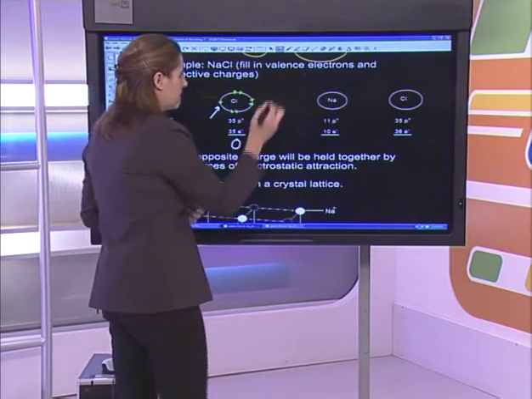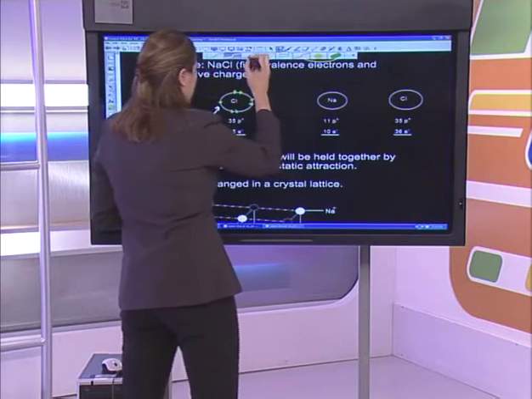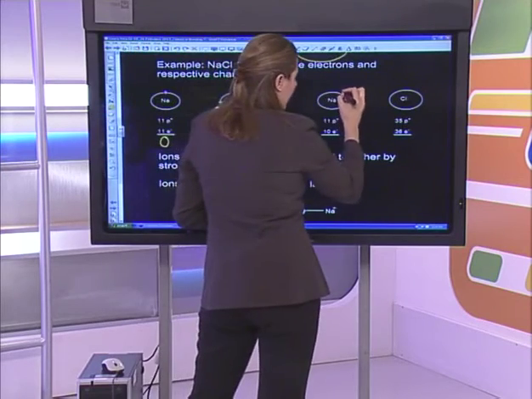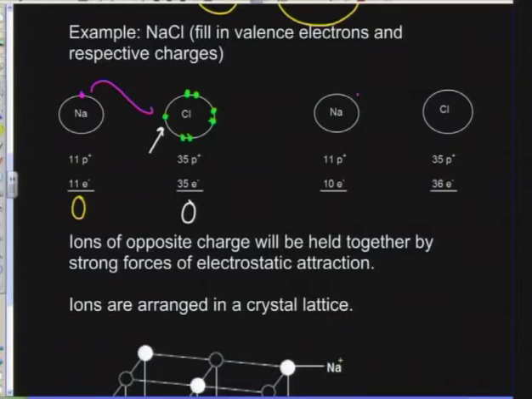Well, overall that was neutral. Let's go across to this one. The outer electron for sodium will be given away, and chlorine has got its 1, 2, 3, 4, 5, 6, 7. But now it's got an extra one, and so it is left overall with a negative charge.